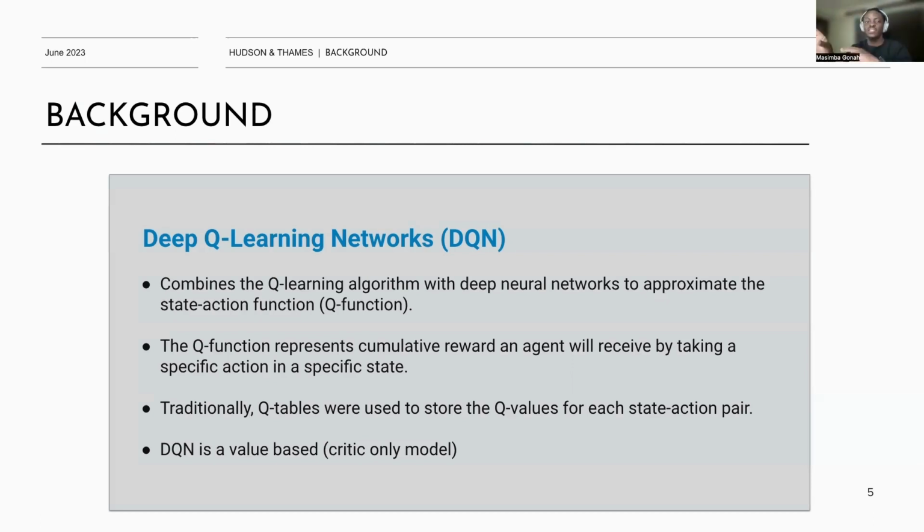This allows us to create a Q table with all different scenarios of state action feedback. And then from that, the algorithm tries to carve a way through those scenarios to get the best cumulative rewards. So the goal in a deep Q learning algorithm is essentially to get the best cumulative rewards. Now, in its early inception in the 80s, they used to physically store these Q values in a Q table.